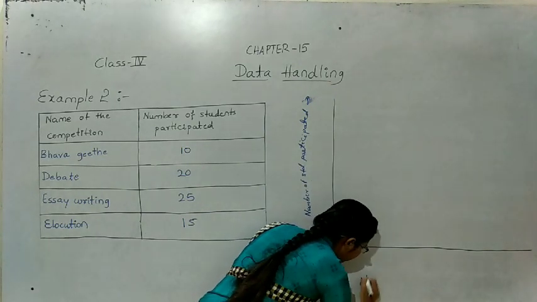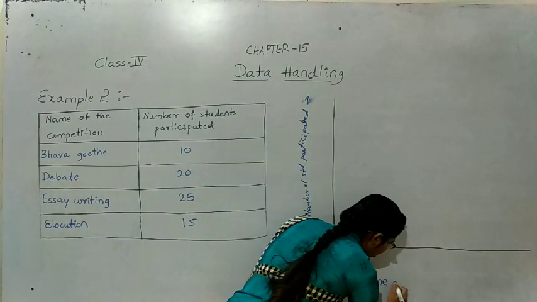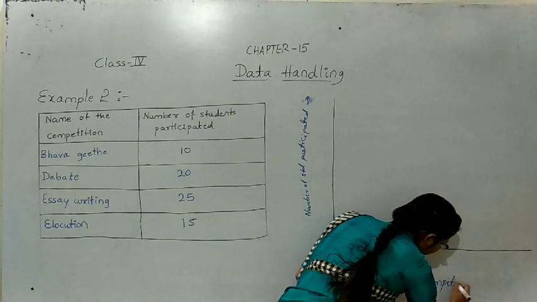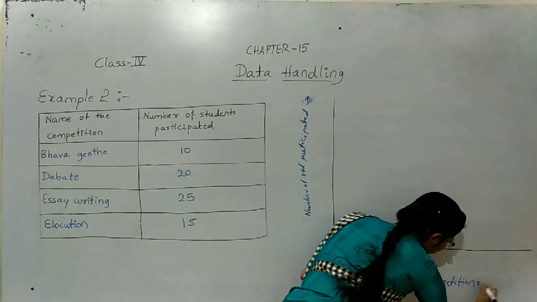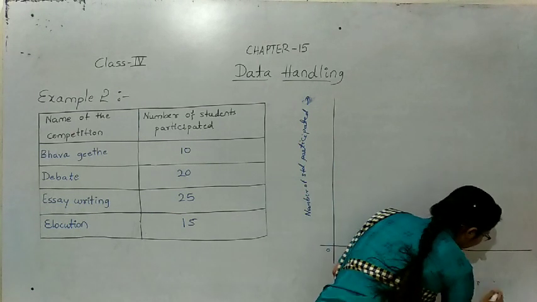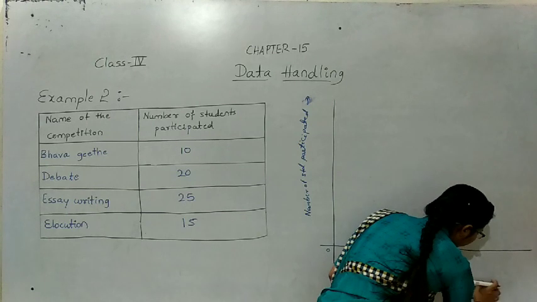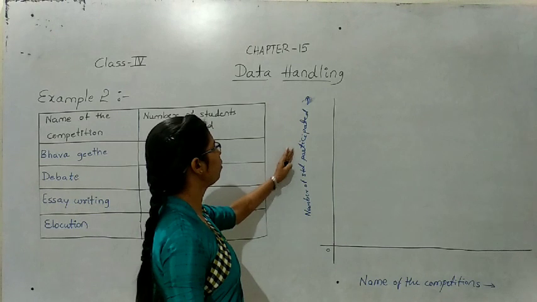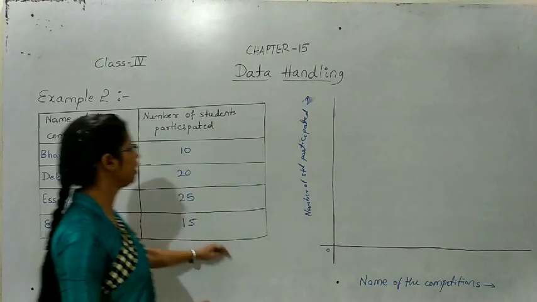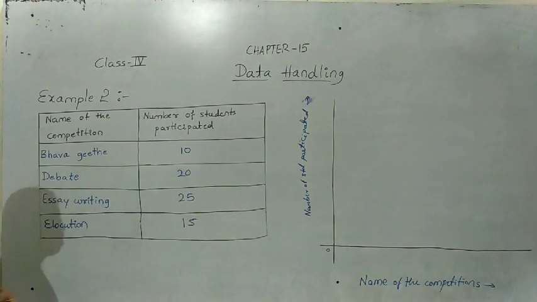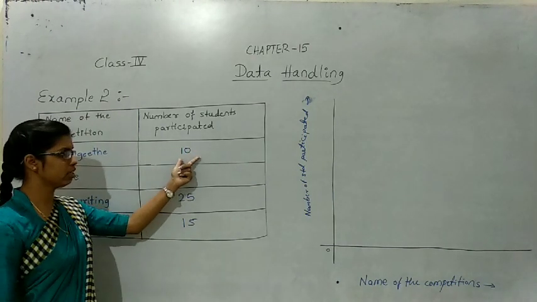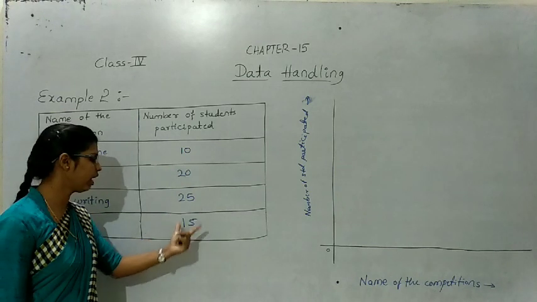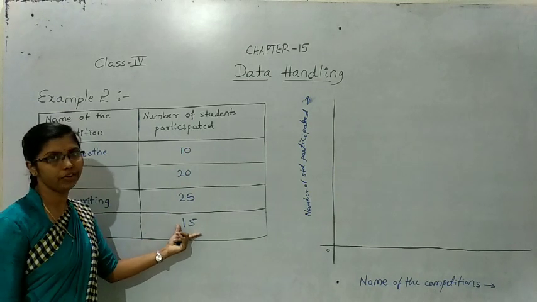What is that? Name of the competitions. So the horizontal line indicates the name of the competition, and the vertical line indicates the number of students participated in the competition. See, what numbers are there? First one 10, second one 20, third one 25, and the fourth one is 15.